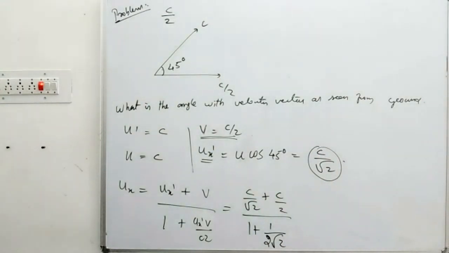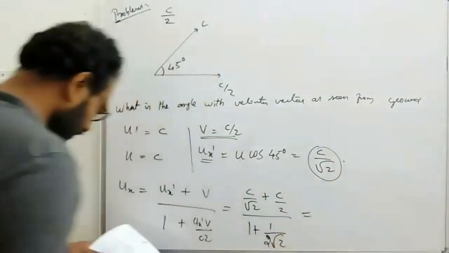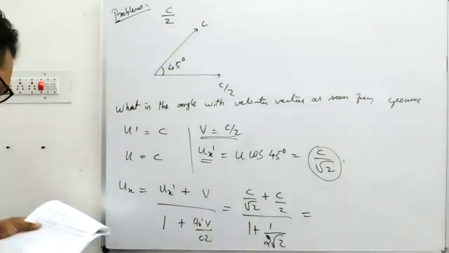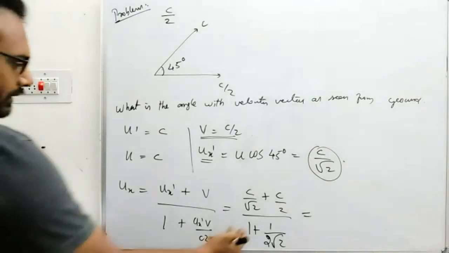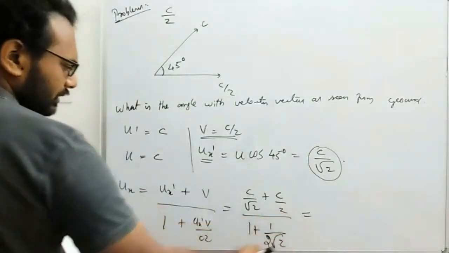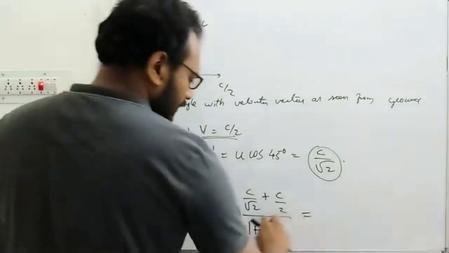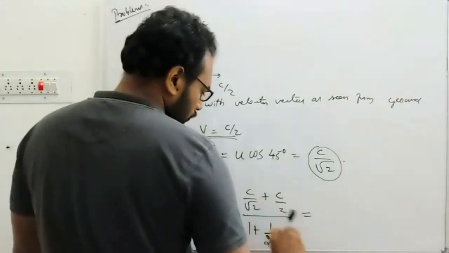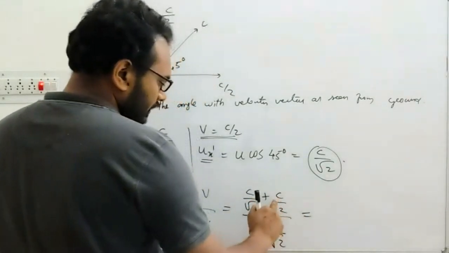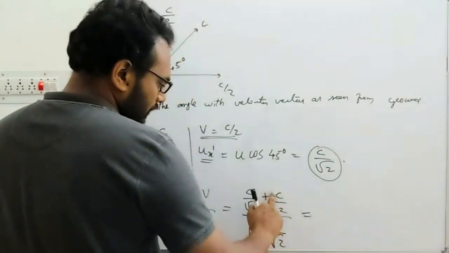All right. So this we can simply write as, maybe you don't have to simplify it too much. You see that we've got a 2 root 2 there. You just take LCM, add these things and you can simplify this too. This is 2 root 2, so it's 2c plus root 2c, right?